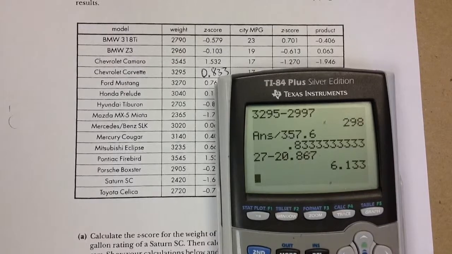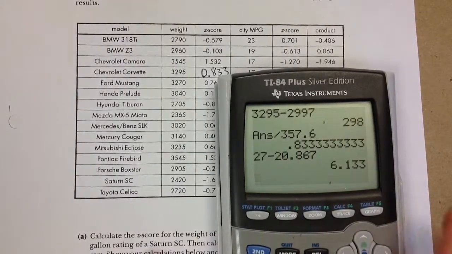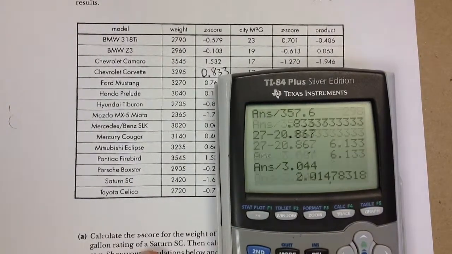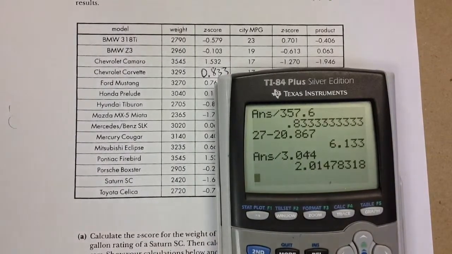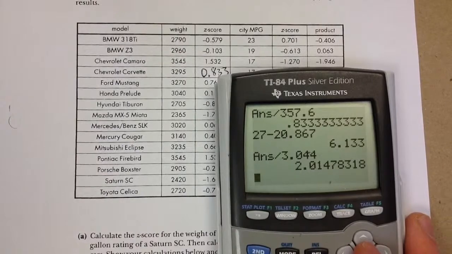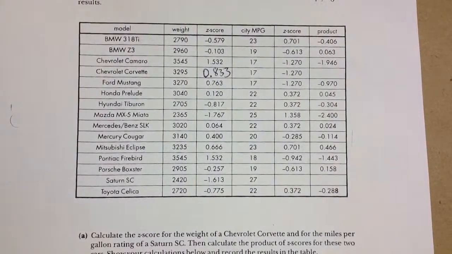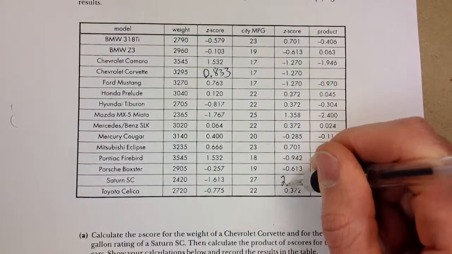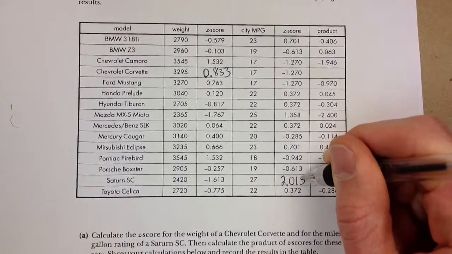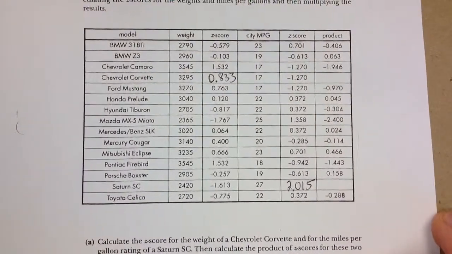So the Saturn gets 6.133 miles per gallon more than average. How good is that? Let's divide by the standard deviation of 3.044 miles per gallon. Wow. That's pretty extraordinary to be 2 standard deviations away from the mean. So that gives me a better sense of relative position. 2.015. Okay?